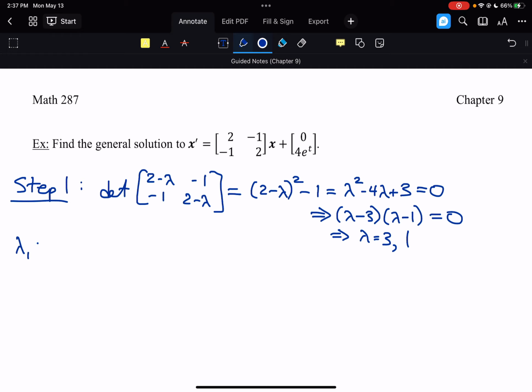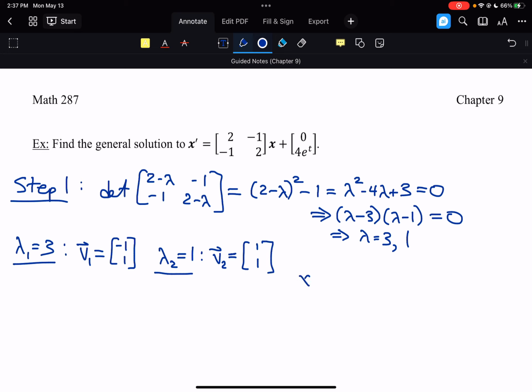We're not going to go through the whole process here, but if you're looking for extra practice of those topics from the last few sections, then by all means try this one out on your own as well. But we'll get, for the eigenvalue of 3, eigenvector -1, 1. And for the eigenvalue of 1, we get the corresponding eigenvector 1, 1.